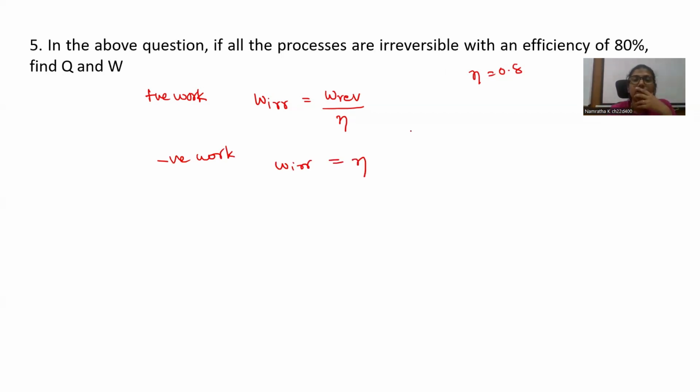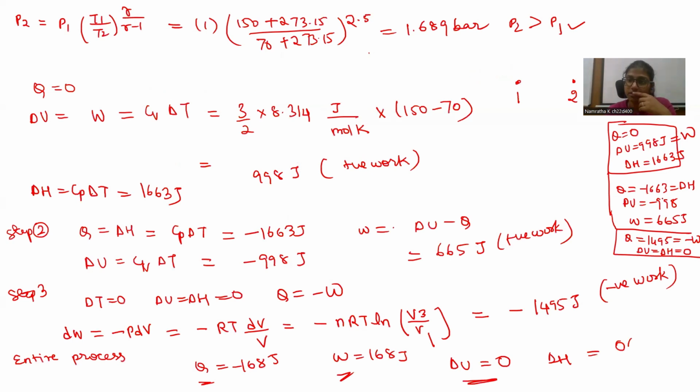Okay. So coming to the step 1, we had positive work, right? As you can see here, we had positive work here, 998 joules. And here also positive. Here it is negative, minus 1495 joules.